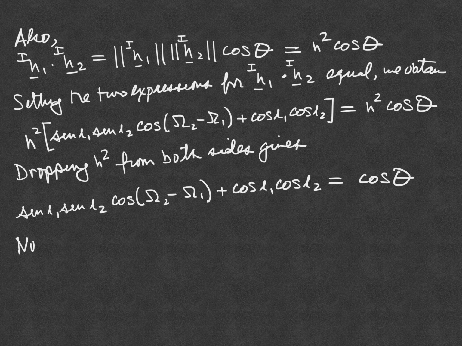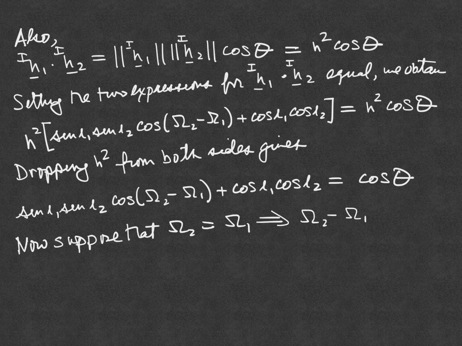So now, suppose that omega 2 is equal to omega 1. Well, that implies that omega 2 minus omega 1 is equal to 0, and the cosine of 0 is equal to 1.